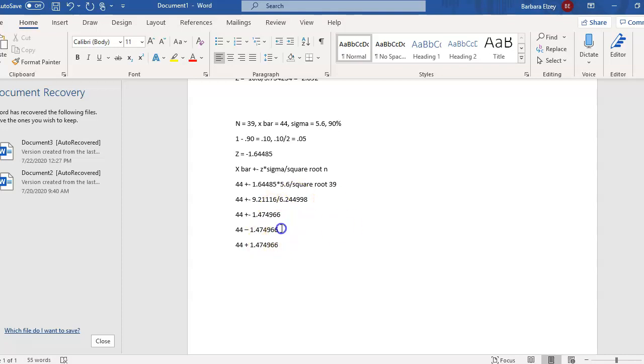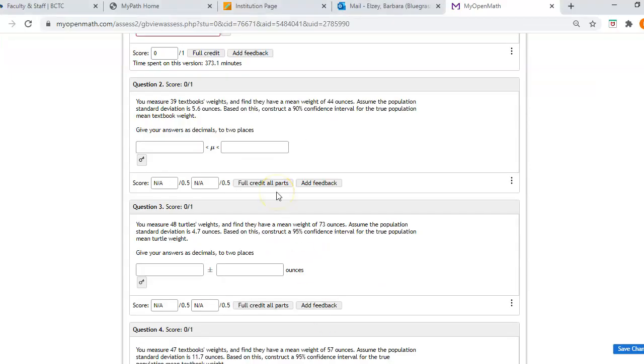If I do both of these calculations in my calculator, the first one gives me 42.525034, and then the second one gives me 45.474966.